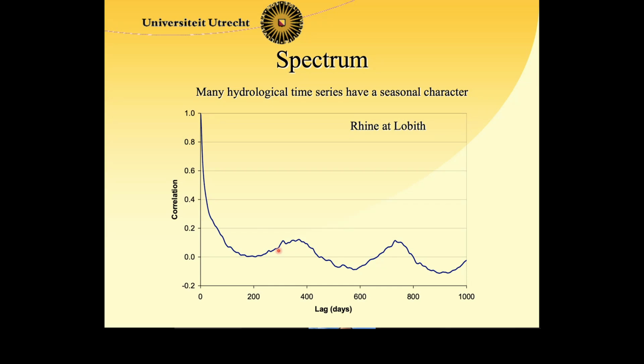So obviously a random function like this has periodicity in it, and to explore that periodicity, one can go to a different portrayal of the fluctuation of a random function, and that is called a spectrum or spectral representation. The reason it's a good idea to do so is that lots of time series have a seasonal character.